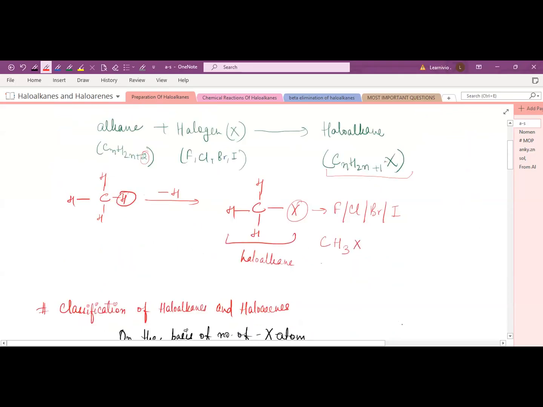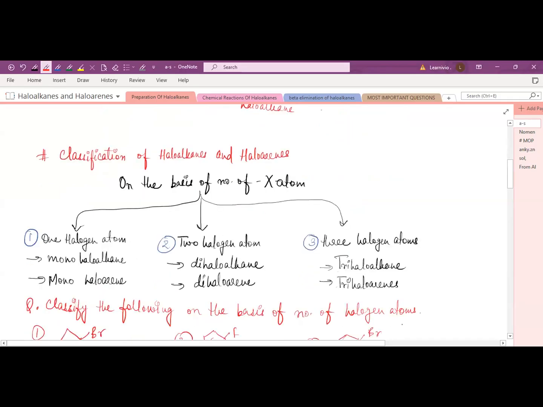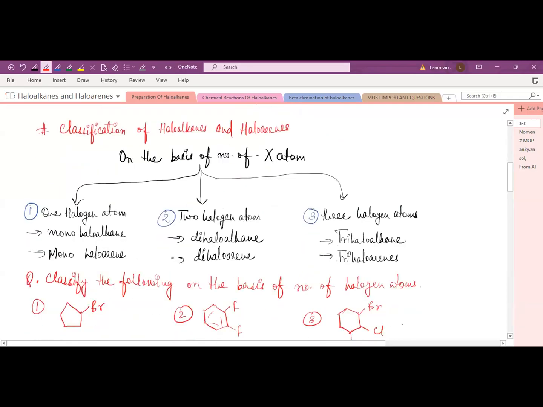Yeah, that's very simple. Now see, Aisha, the classification of haloalkanes and haloarenes. On the basis of the number of halogen atoms, haloalkanes and haloarenes are classified in three types. First type is when only one halogen atom is present, then we call that type of haloalkane a monohaloalkane.